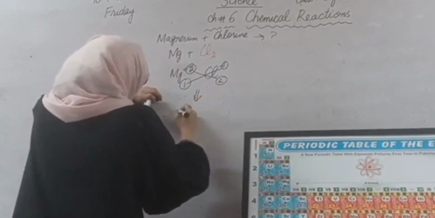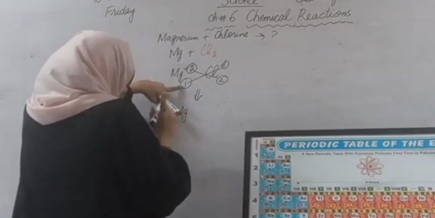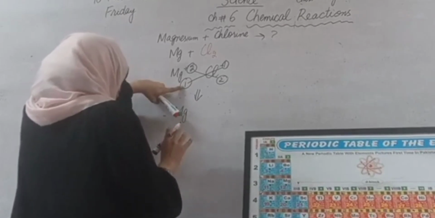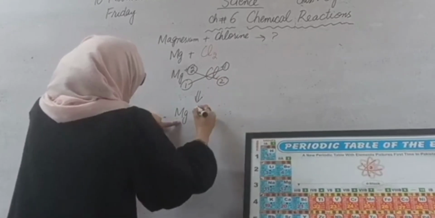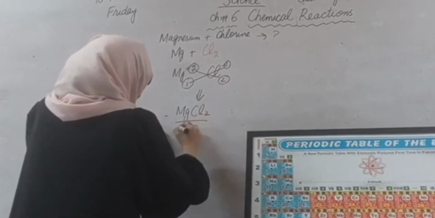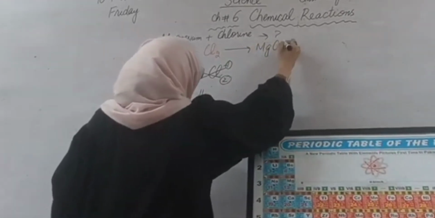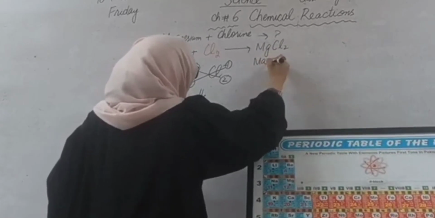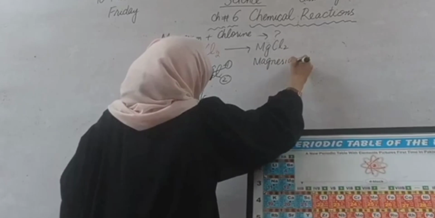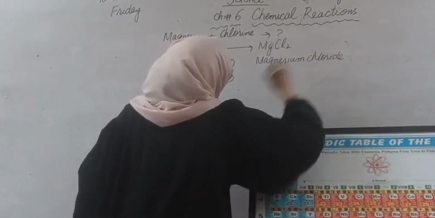Then we will get Mg, and 1 will be ignored, then Cl2. MgCl2. We have obtained MgCl2. It is also called magnesium chloride. Have you got my point?